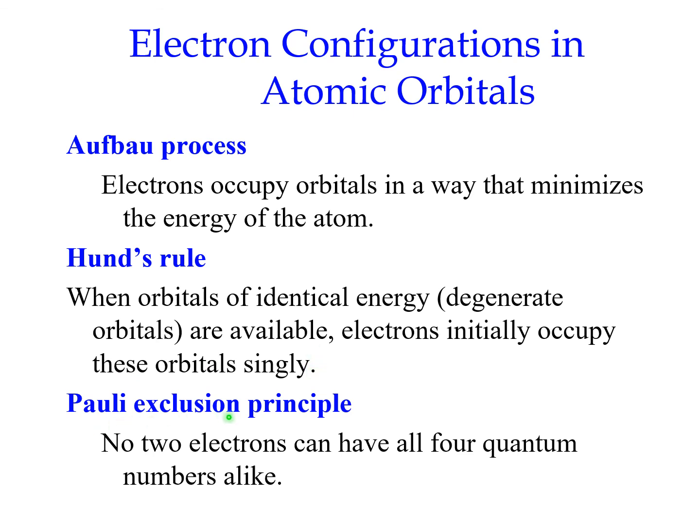Pauli, which we haven't talked about until now, says that no 2 electrons can have all 4 quantum numbers alike, and so that means that any orbital that is fully occupied, the spins have to be spin paired and anti-parallel for the Pauli exclusion principle.